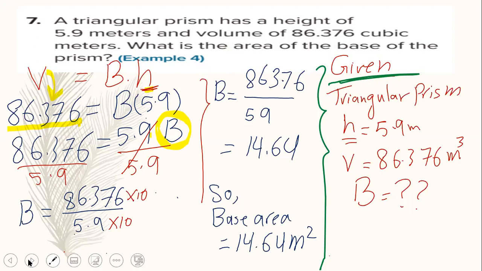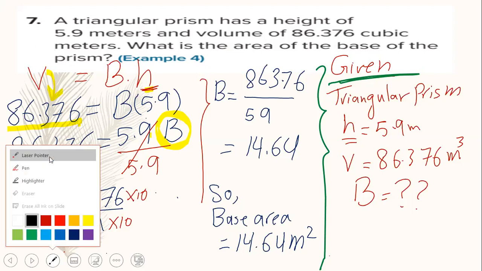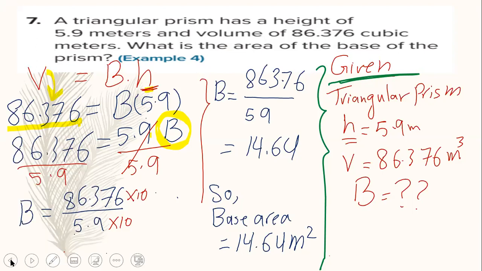A triangular prism has a height of 5.9 meters and a volume of 86.376 cubic meters. What is the area of the base of the prism? Let's write the given on the draft.